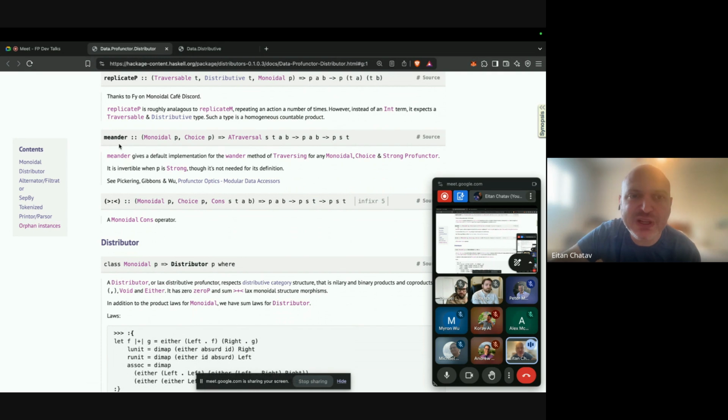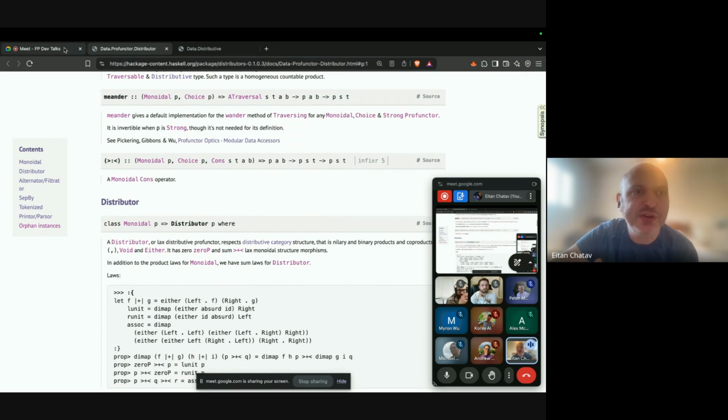Moreover, if I restrict meander to P's which are monoidal, choice, and strong, then this function is invertible, and we get that the profunctor representation of traversals is actually profunctors which are monoidal, choice, and strong, which is a cool result because usually we think of traversals only in the van Laarhoven representation, and it was sort of a little mysterious what the profunctor representation was. And finally, we have a monoidal cons operator.